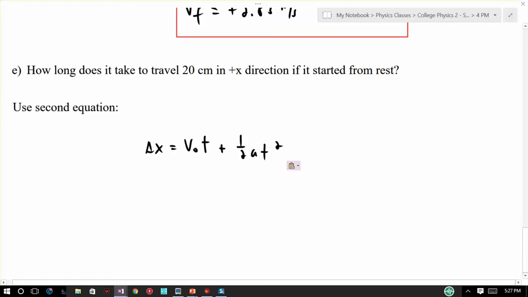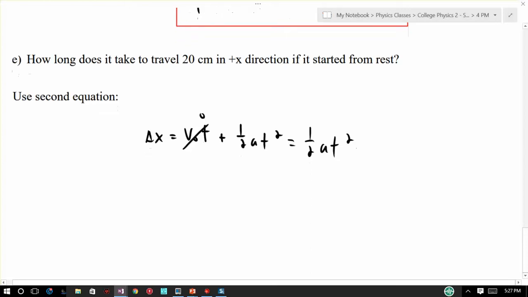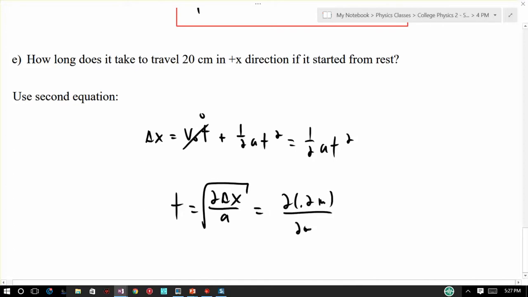Right? So V0 is 0. So this is just 1/2 AT squared is equal to delta x. So then you just solve this equation for T. So you multiply by 2, divide by A, and you're going to take the square root to get rid of the square, right, for the T. So once again, you want this in meters, and then A is 20.